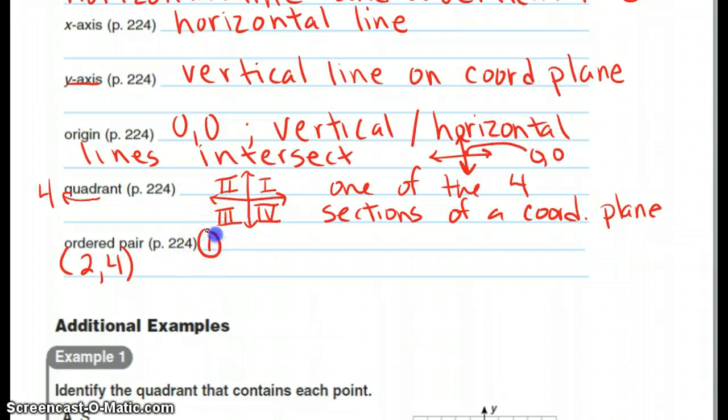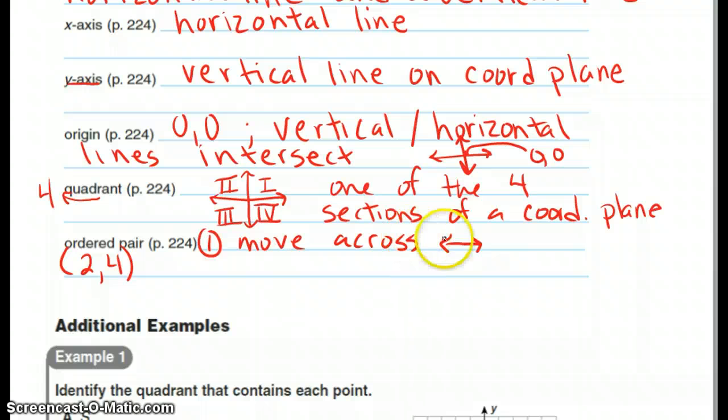We always, in our first move, go across. Now, that could mean to the left or to the right. So the first move is always going across. Staying in positive territory, we would move to the right.